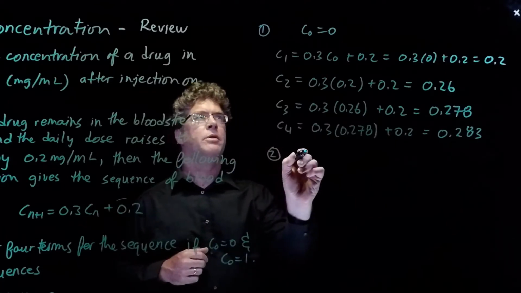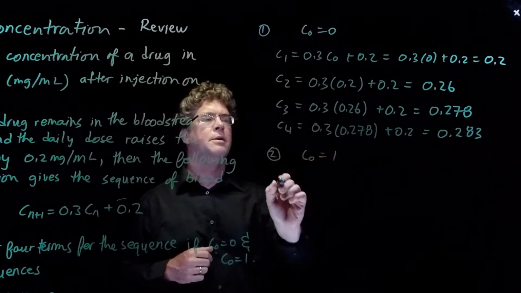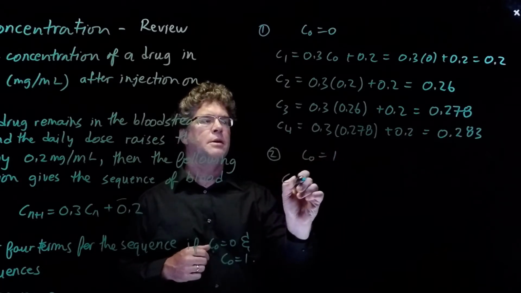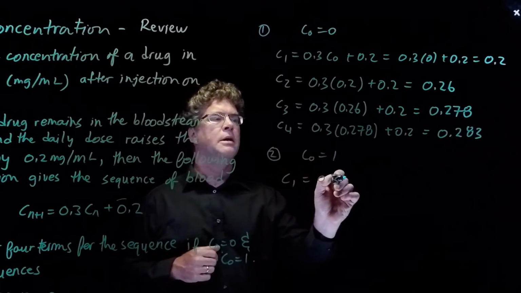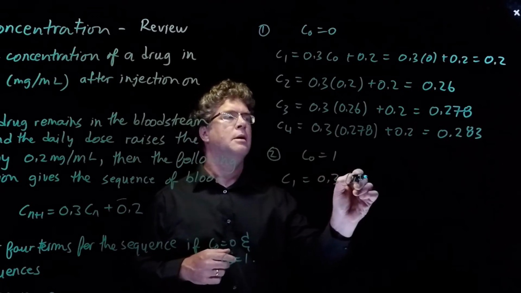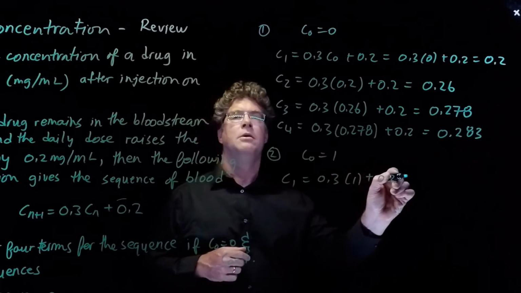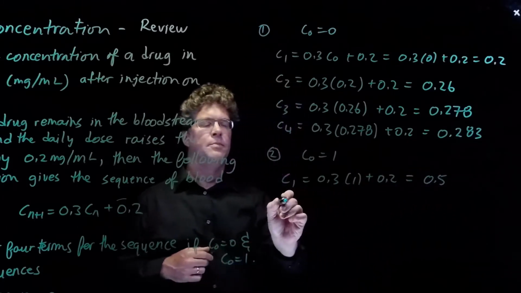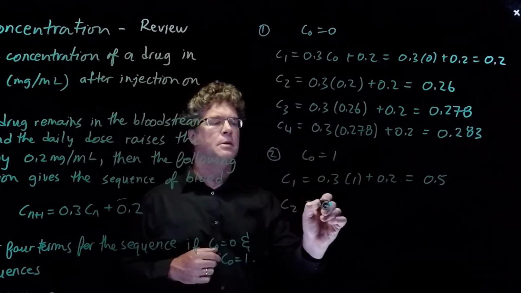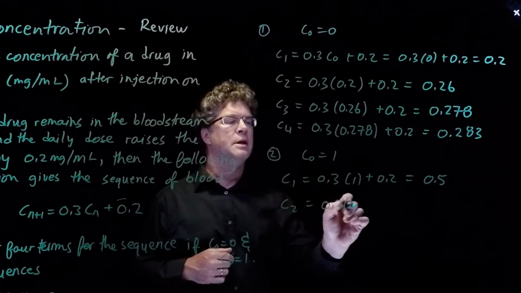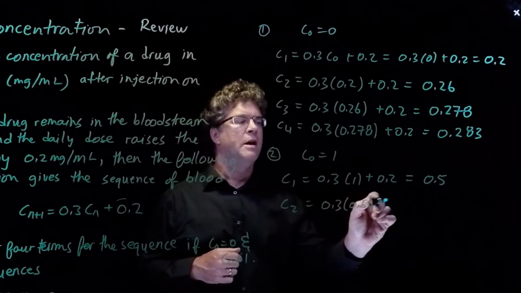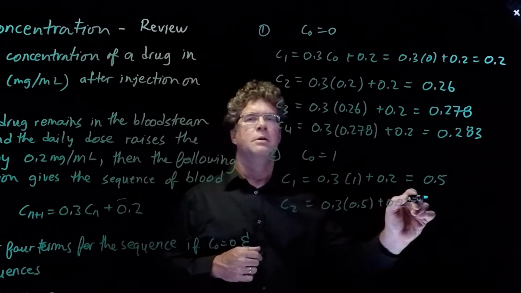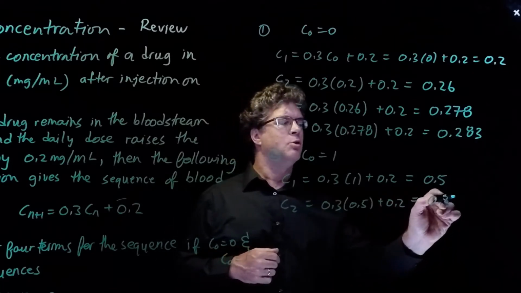Let's try it now with the case where C0 is equal to 1. C1 is 0.3 times 1 plus 0.2, which is equal to 0.5. C2 is 0.3 times 0.5 plus 0.2, which is equal to 0.35.